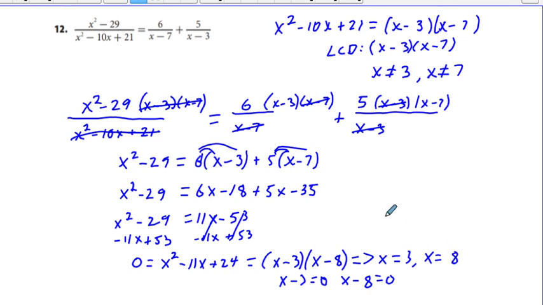Now, this 3 is an excluded value, so when you solve and have an excluded value, this x equals 3 is called an extraneous solution, which is not a real solution.